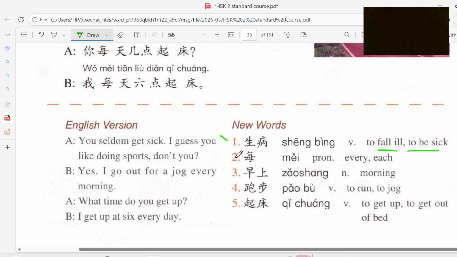New word number 2 here is 每, which is every or each. 每. And then we have 早上. 早 means early. 早上. Morning.